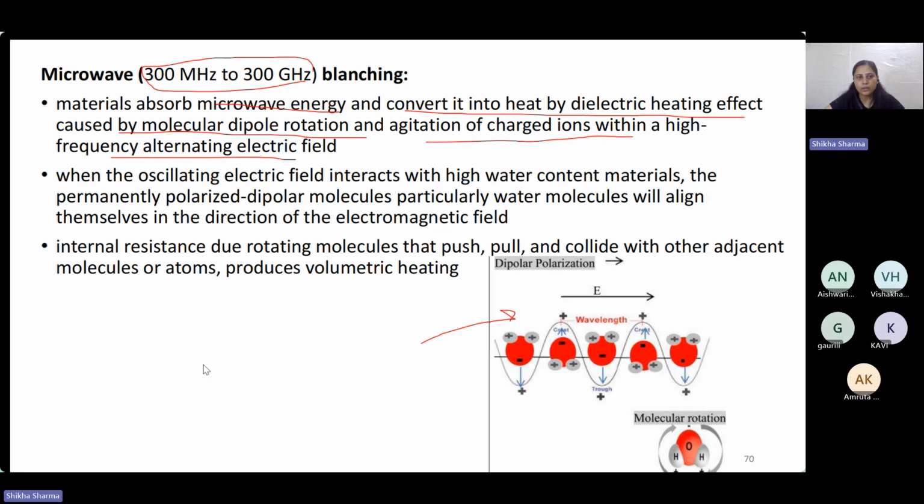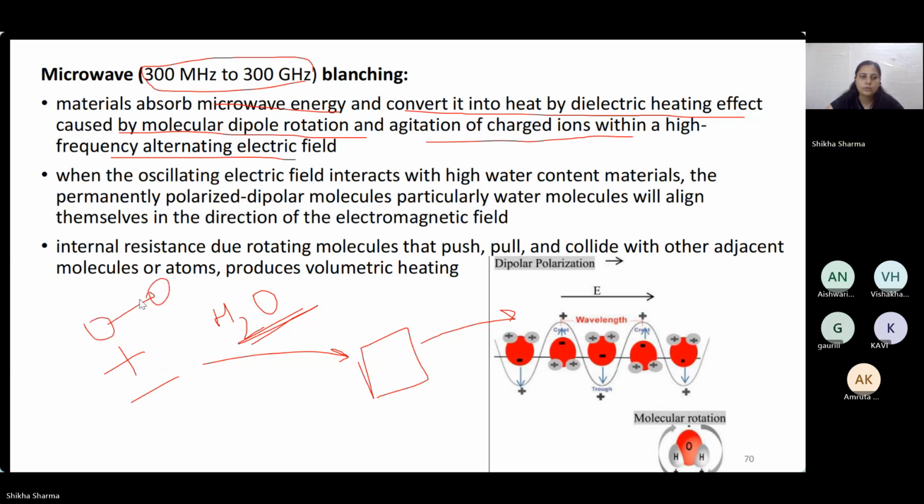When there are microwaves, the food product absorbs them. Water, H2O, is present in the food product, and it is a highly polar compound. So what will this water molecule do? It will align based on the alternating electric field. One end is positive, one is negative.